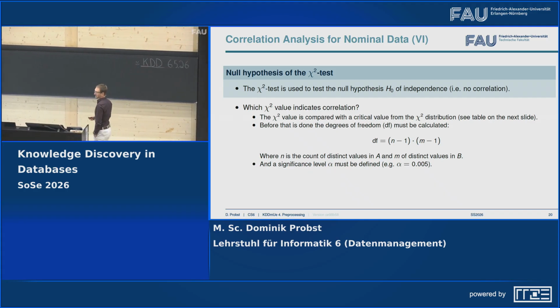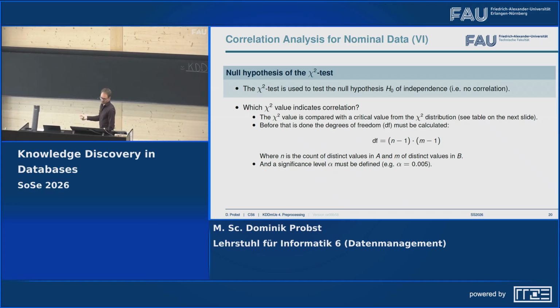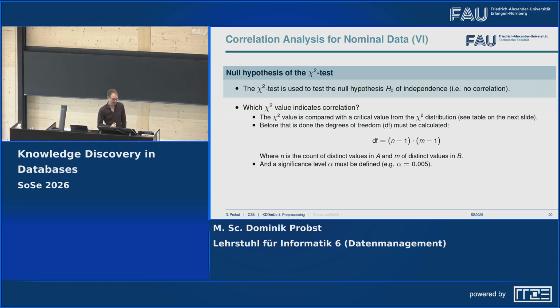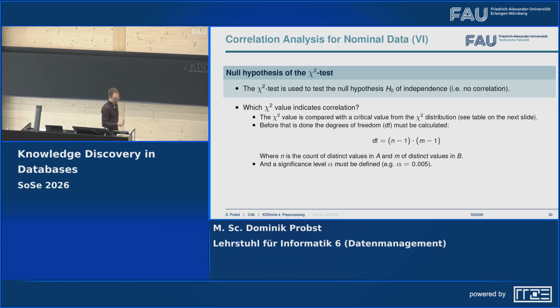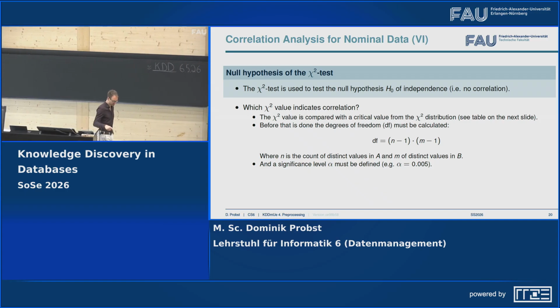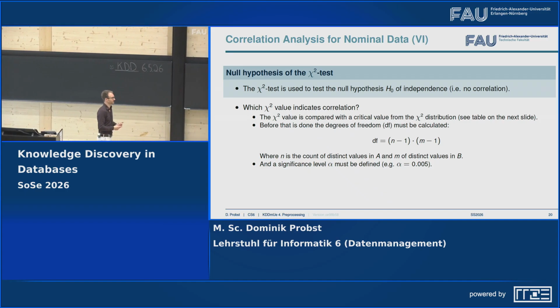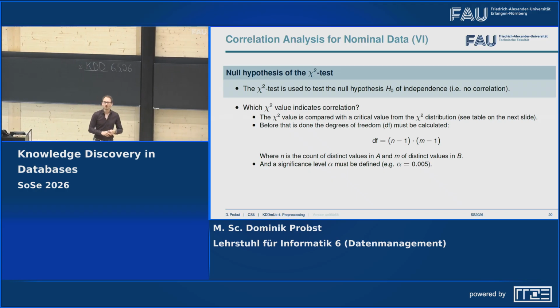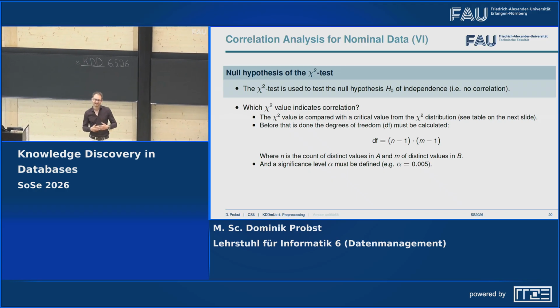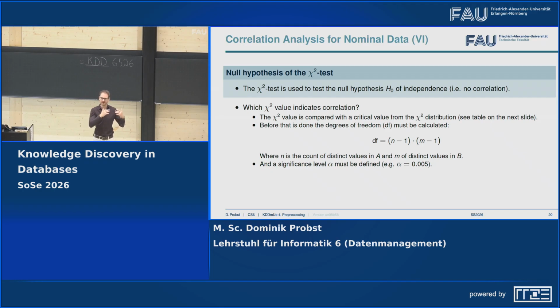And now the second thing we have to define is the significance level, alpha. The significance level is more or less how likely it is that we are making a mistake by looking at this value.